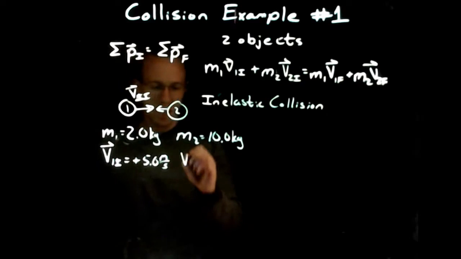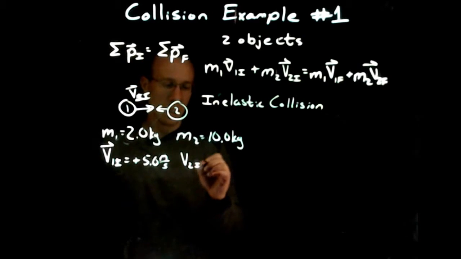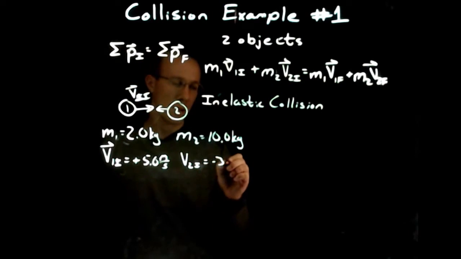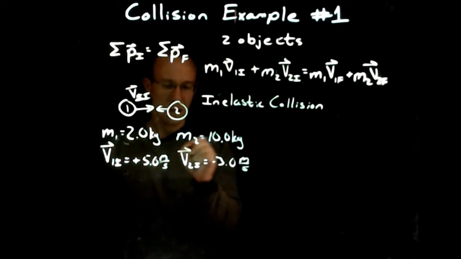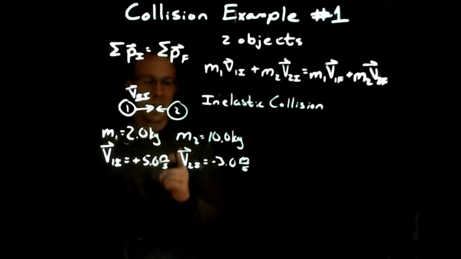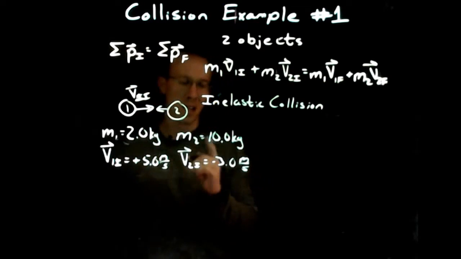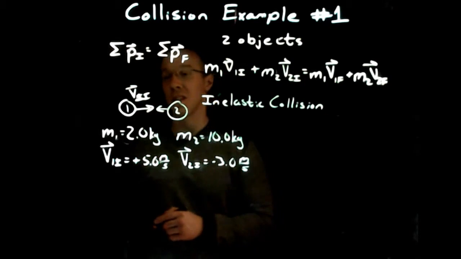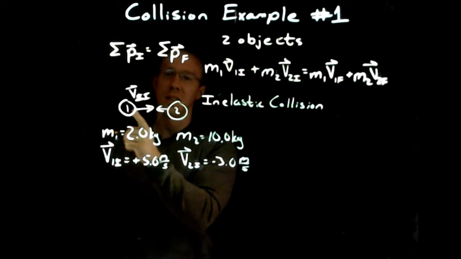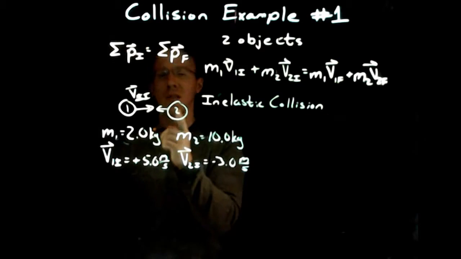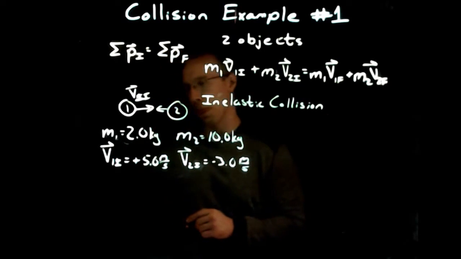And we'll say the velocity of 2 initially is negative 3.0 meters per second. Now you'll notice I have the vector signs, and it's important to have a plus and a minus based on its direction. You can see here we're going to the right, and so 1 would be positive. And over here we're moving to the left, so 2 would be the negative.